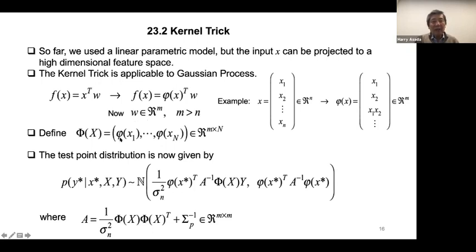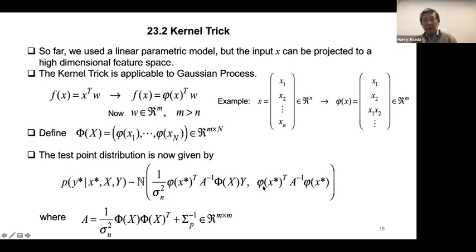Now, for the sake of simplicity, the function phi evaluated at the points x1 to xn can be put together into capital phi of capital X, right? If we do the same thing, the end result is nothing but the replacement of the previous equations. So the mean part, which was originally X, is now phi of X star. Excuse me, X star is now replaced by phi of X star. And then A inverse phi is also coming from here, right?